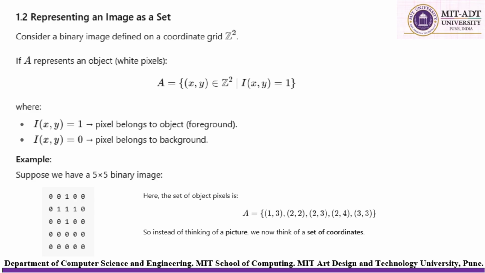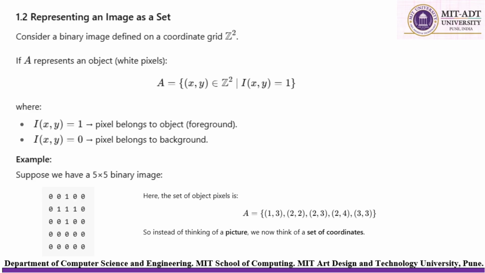So let us see how an image is represented as a set. Consider a binary image which is defined on a coordinate grid of all the positive values, right? Z square is the common denotation of this. If A is represented as an object, let us say white pixels, I have an image which has a certain object on it with white colored pixels.